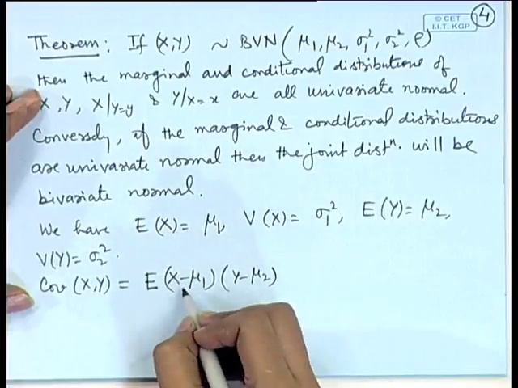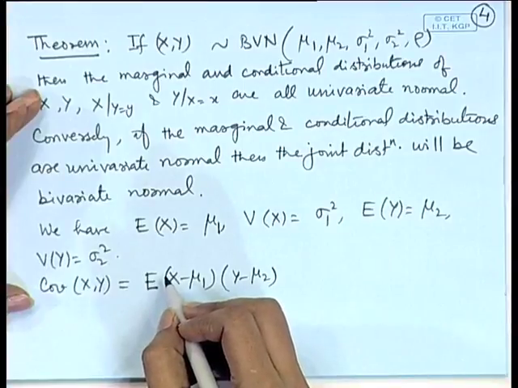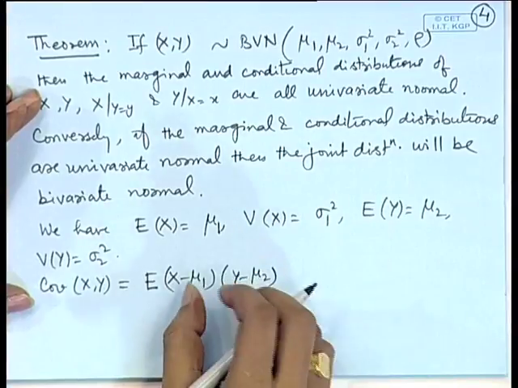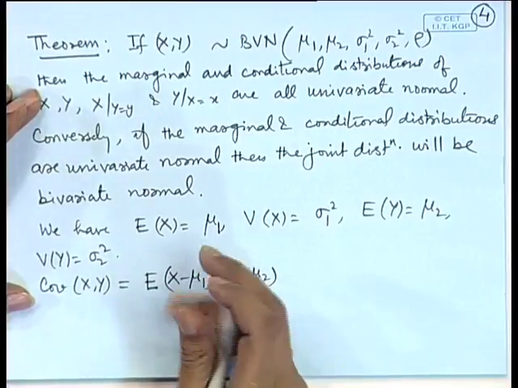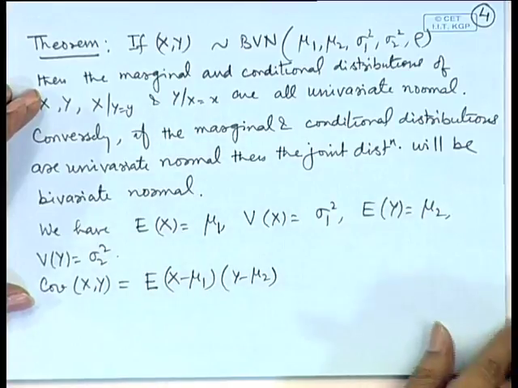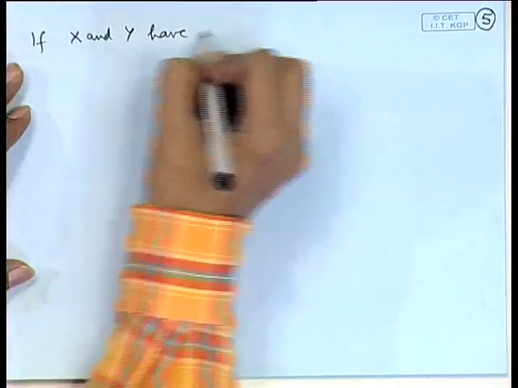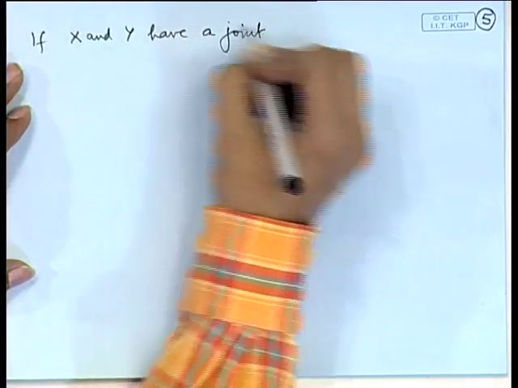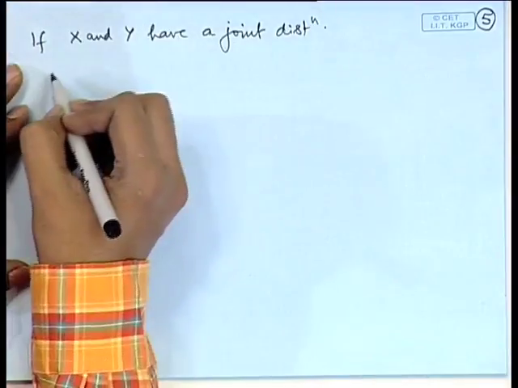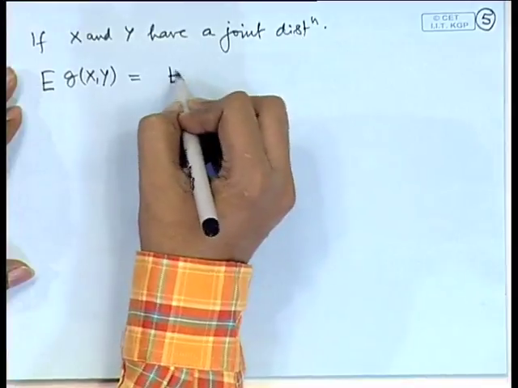Now, this central product moment can be calculated by the joint integration of the density function multiplied by this function. However, at this stage we introduce a formula for evaluation of joint moments. If x and y have a joint distribution, then in general the expectation of a function g of x, y can be calculated in stages.